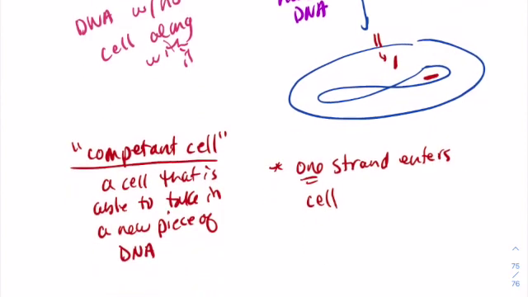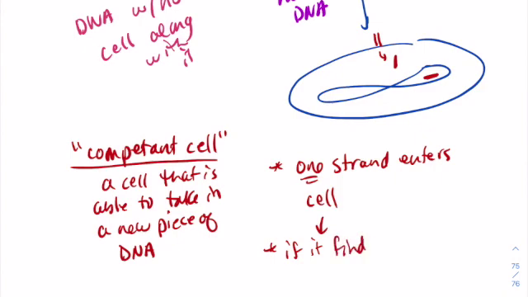So one strand enters the cell, and if it finds, I don't want to anthropomorphize this, I don't want to say that the DNA has a mind of its own, but if there is a location of an area of homology, through a process called homologous recombination, it can actually get itself inserted into the genome of this new cell.